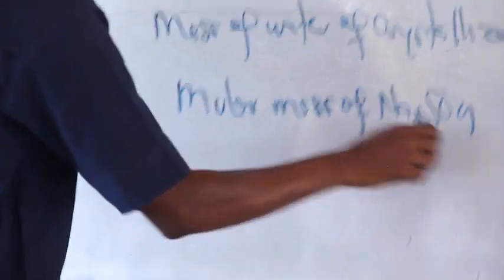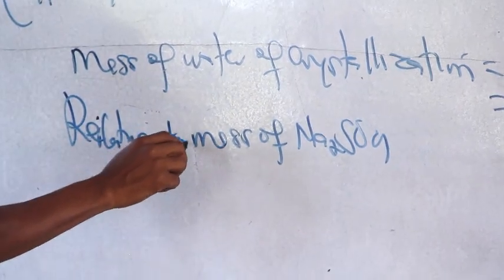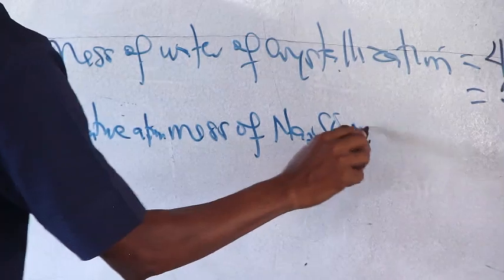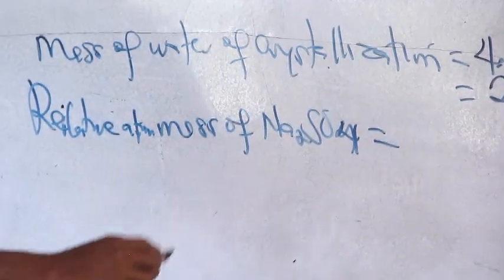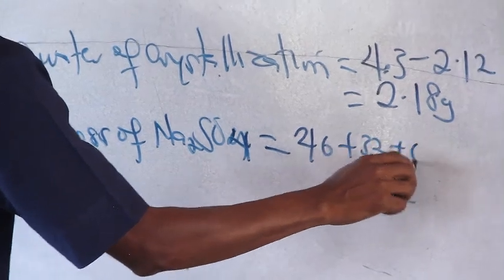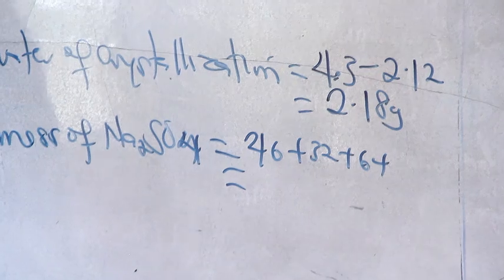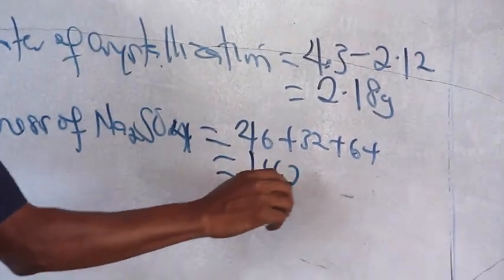Molar mass of Na2SO4, let us say the relative atomic mass of Na2SO4, will give us what? That is 46 plus 32 plus 64, and that gives us 142.